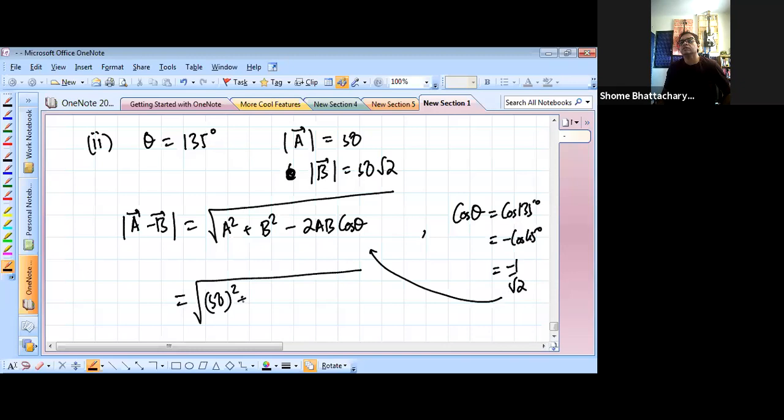So you can see that we'll get 50 square plus 50 root 2 square minus 2 into 50 into 50 root 2 into minus 1 by root 2. This will be like this.